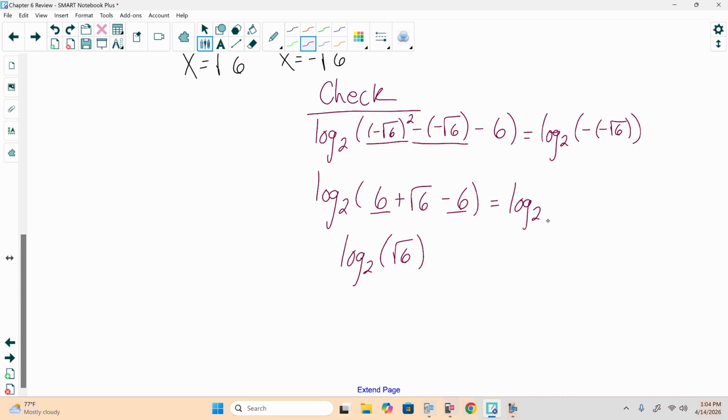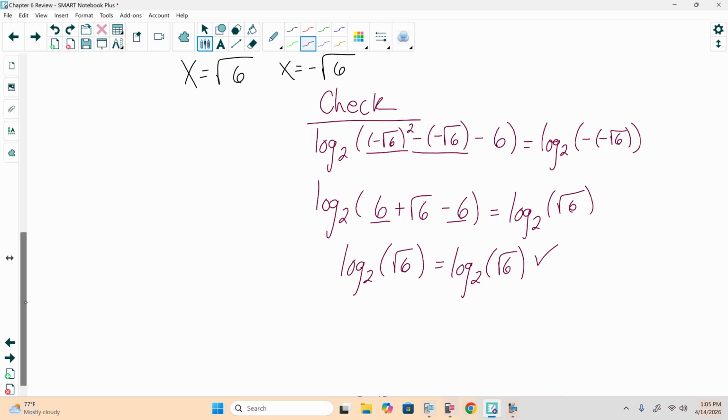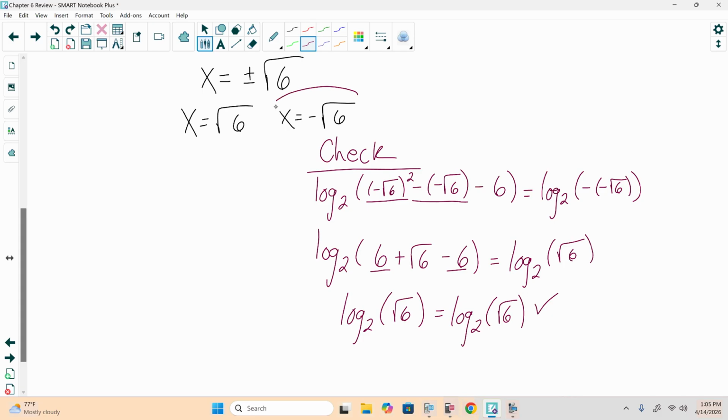On the right-hand side, negative square root of 6 would be positive square root of 6. And yes, log base 2 of the square root of 6 is indeed equal to log base 2 of the square root of 6. Interestingly enough, x equals negative square root of 6 does work. We're not taking the logarithm of a negative number, so we are good.